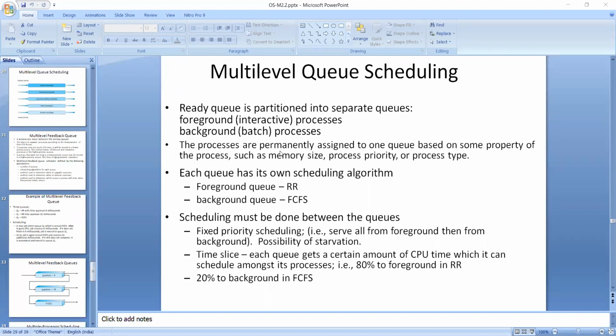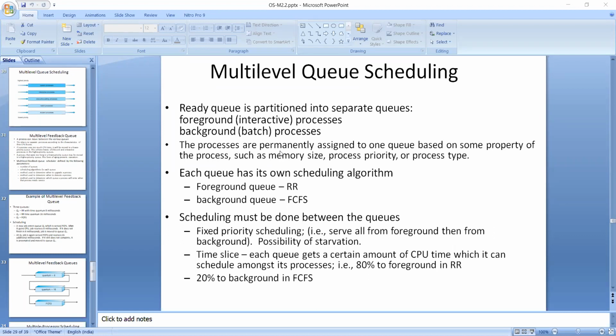Each queue has its own scheduling algorithm. A separate queue might be used for foreground and background processes. Foreground processes will be stored in the foreground queue, and background processes in the background queue.